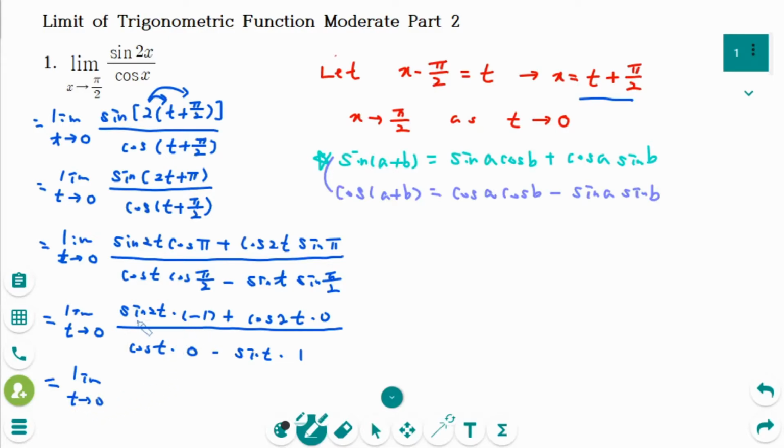Then the numerator is minus sine 2t plus 0 over 0 minus sine t.